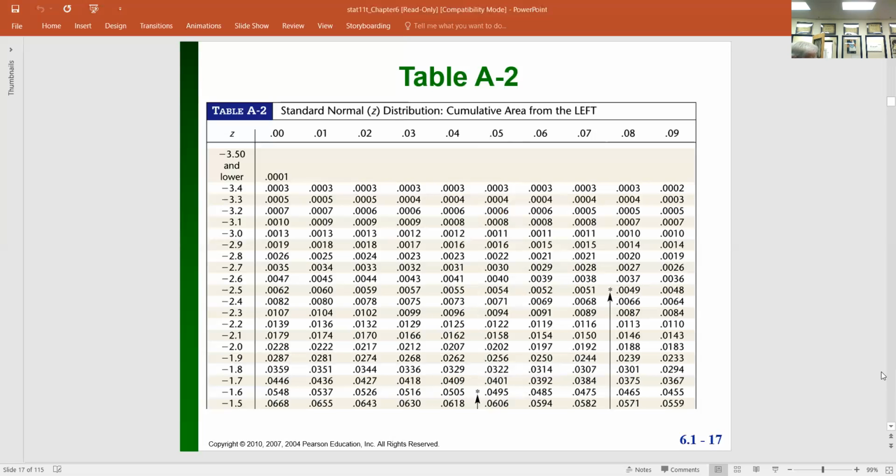So now we go to the z table and we look for 0.05, and that's going to come in somewhere between minus 1.7 and minus 1.6 standard deviations.